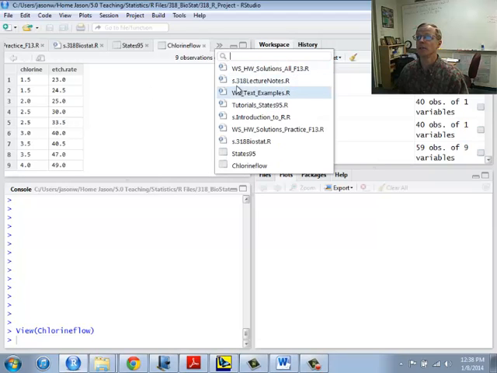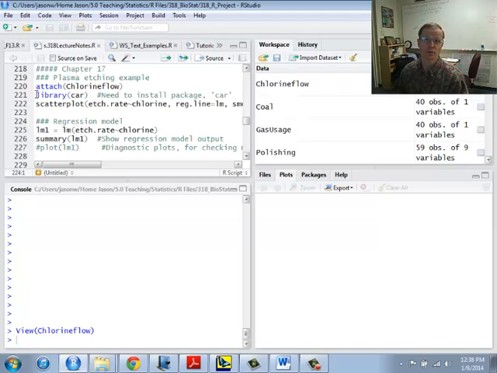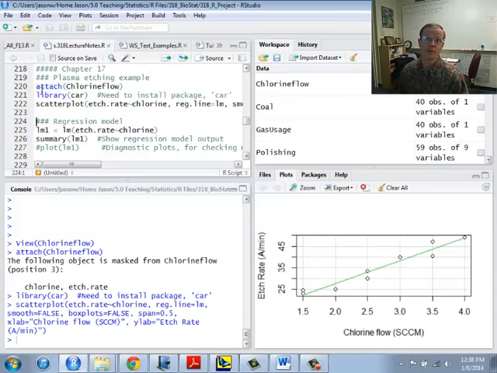Now we're going to use the usual lecture notes file. So I've got an attachment. And then instead of doing a basic plot, I have a cute little command here called scatterplot. And what it does, it automatically puts the regression line onto it. So that's convenient. It looks a little bit better than the basic one. So we'll live with that for the moment.